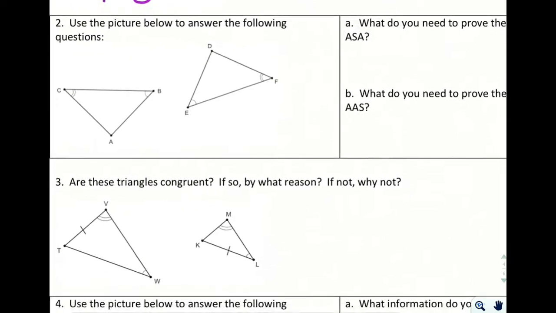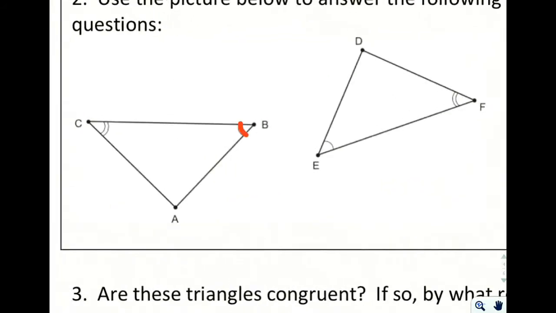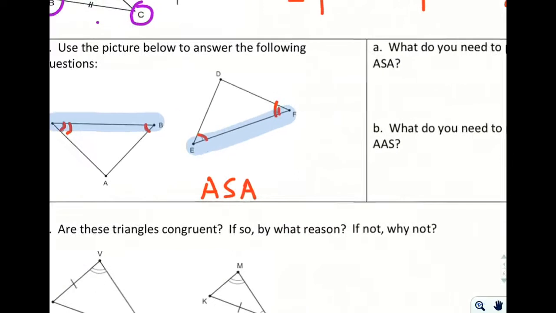Second problem says, use the picture below to answer the following questions. What do you need to prove the triangles are congruent by angle, side, angle? We look at our picture and we see that we have an angle and then we have another angle. Angle, side, angle says that you need an angle, a side in between those angles, and then another angle, which means that we need this side, the side in between those angles, in order to prove anything is congruent by angle, side, angle.